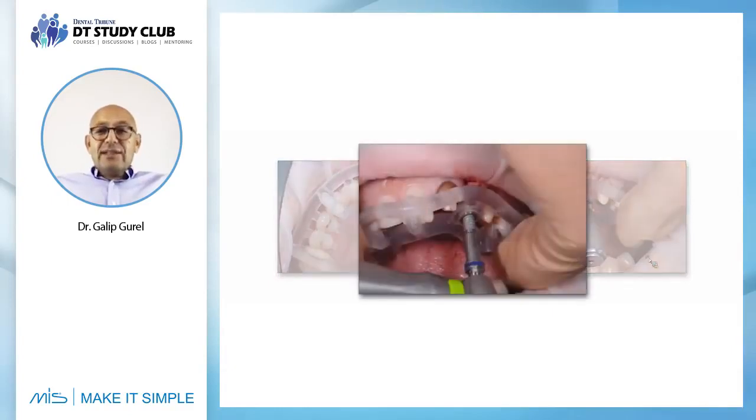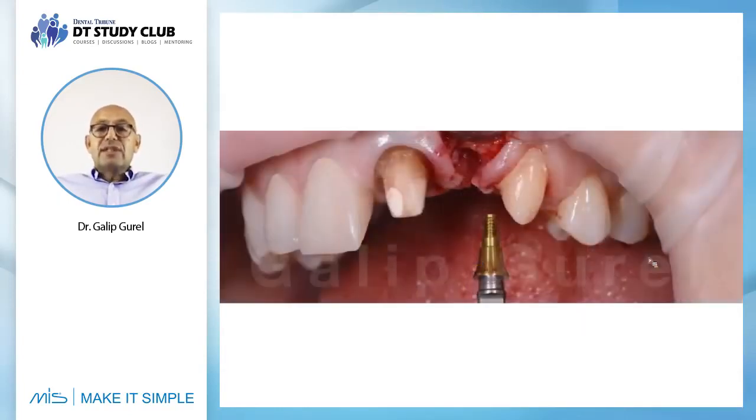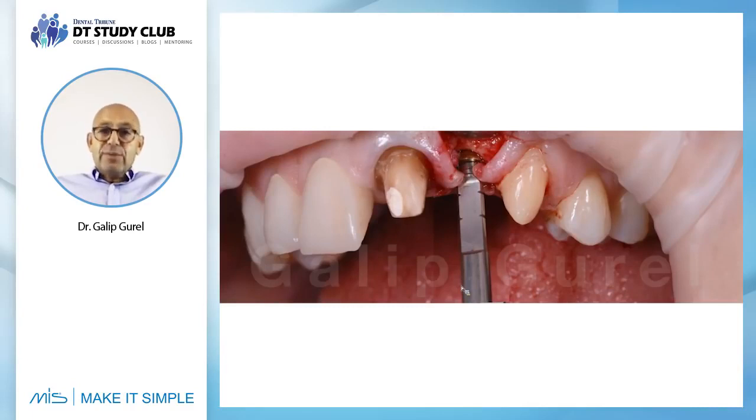So we drill through the guide, we place the implant through the guide, and this is the connect I am mentioning to you. It has different lengths, and as you can see here, what we have to do is to connect it into the implant itself at the appointment the implant is positioned.